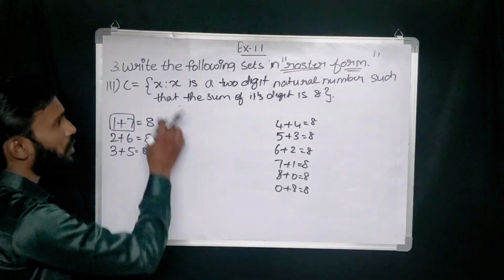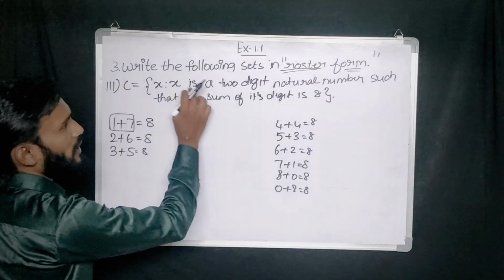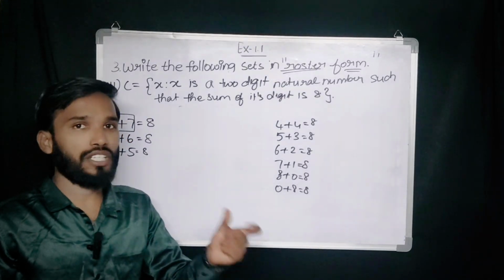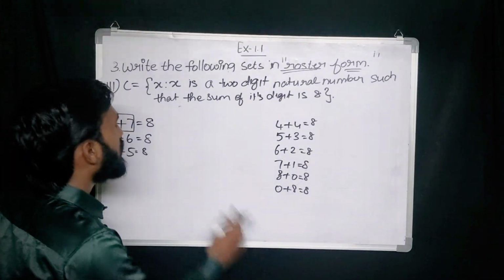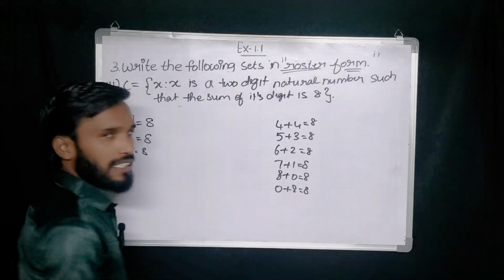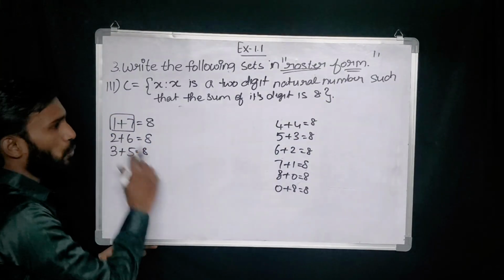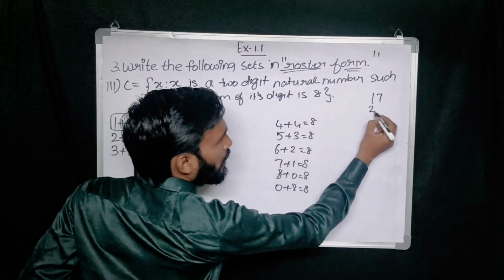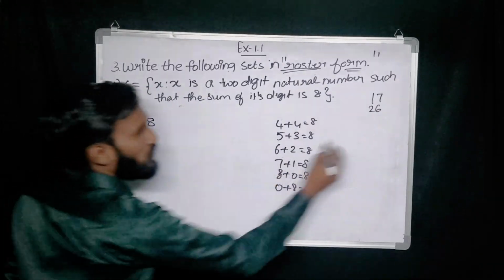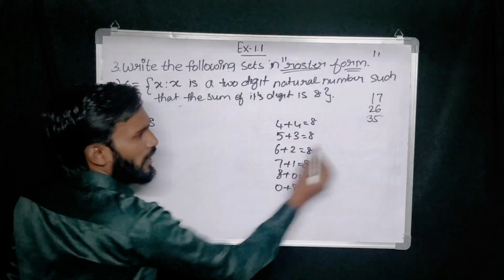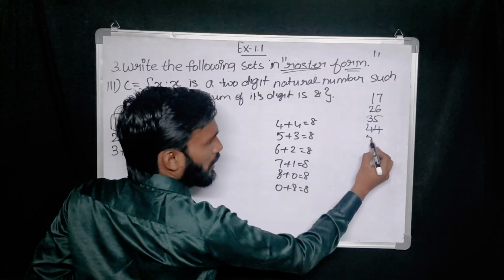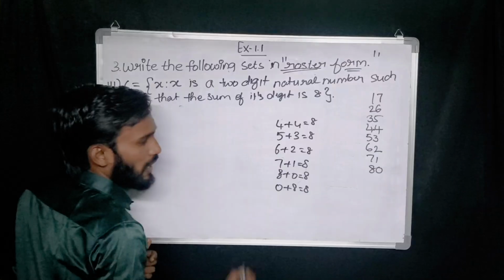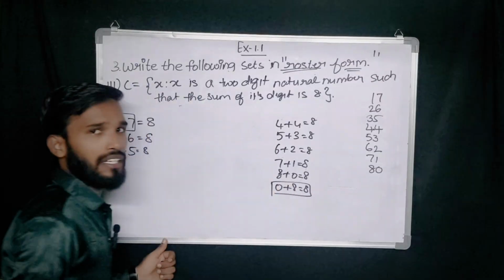Now come to our question. For all x such that x is a two-digit natural number such that the sum of its digits is 8. Now see, here we have 17, here 26, here 35, next 44, 53, 62, 71, 80, but not 0 and 8.